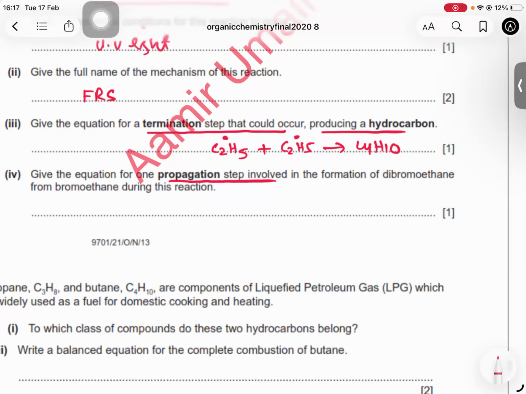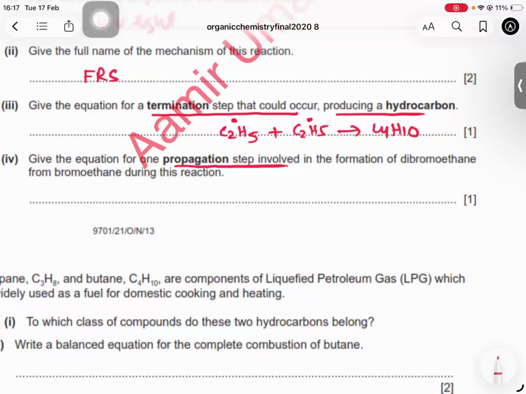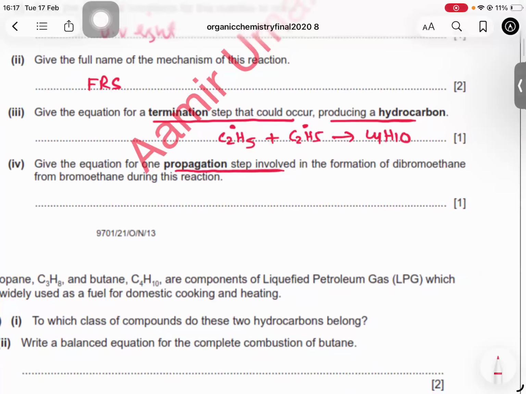Everyone think about it. Now listen to the question again, please everyone: give the equation for one propagation step involved in the formation of dibromoethane from bromoethane during this reaction. So it's easy. C2H4Br radical plus Br2 gives C.